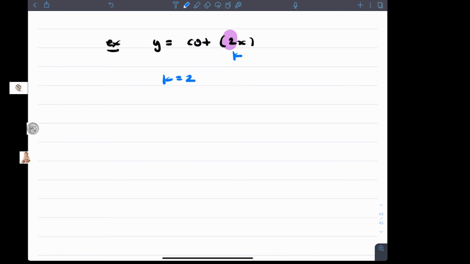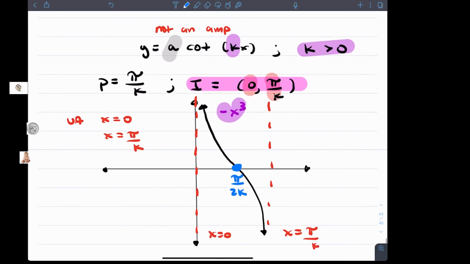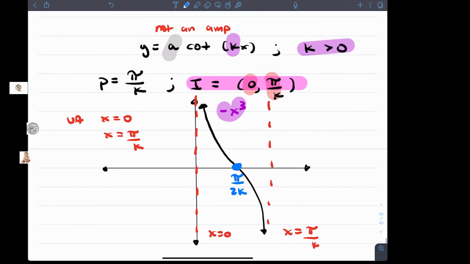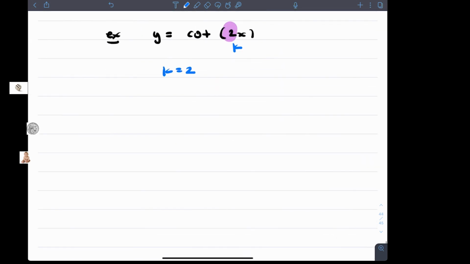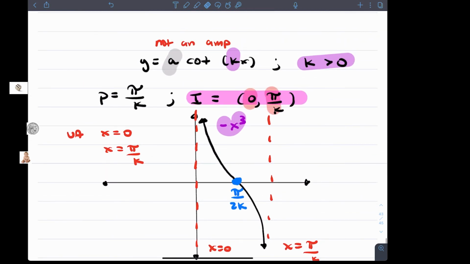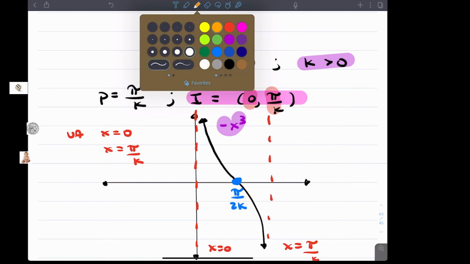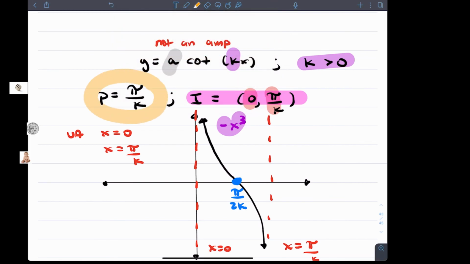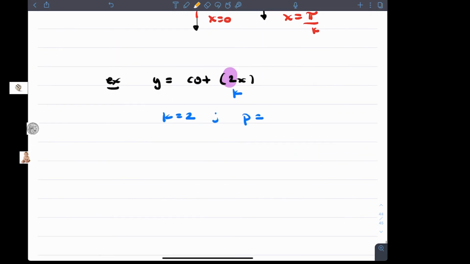That number times x. Notice k is positive. So what's my period? 2 pi? Well, no, what's the definition of period? Pi over k. We've got to be awake about that. It's not the same as sine and cosine. The period for tangent and cotangent is pi over k. So our period here is pi over 2. There you go.